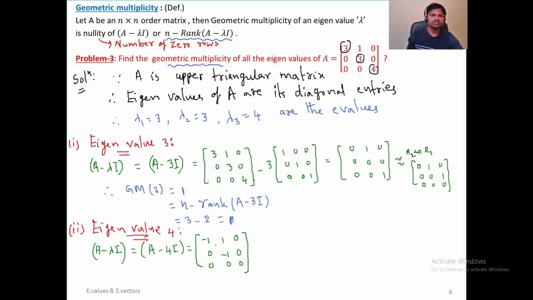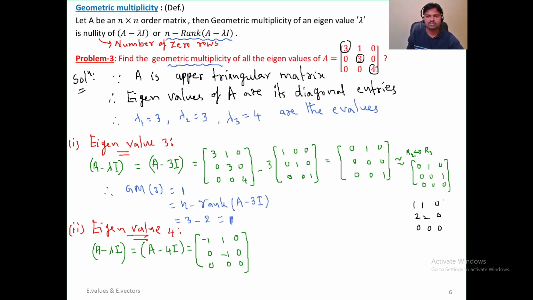Now, can you make the second row 0? You cannot make it 0. If you club these two, again this entry will become present. So this row you cannot make it 0. You have to simplify the matrix. Remember, for example, if you have something like 1, 1, 0, and 2, 2, 0, and 0, 0, 0.